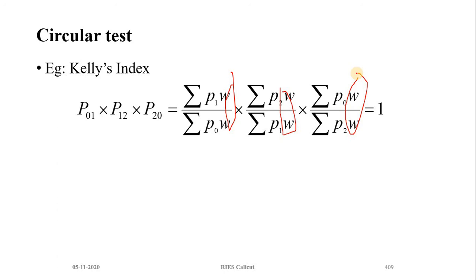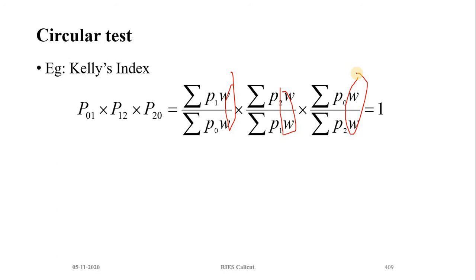The second test is the time reversal test. It checks the time consistency of an index number between two different periods. In this test, what we are doing is changing the time.